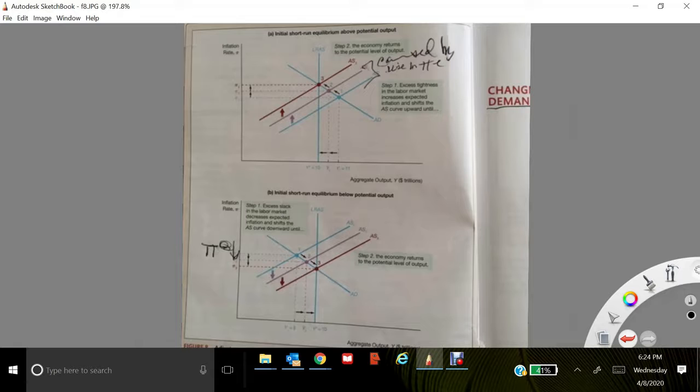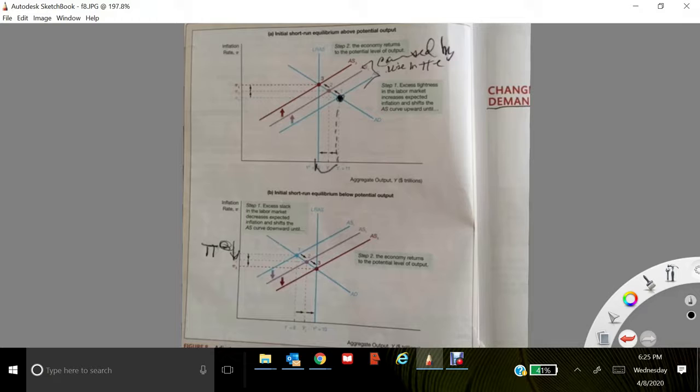So here we are on page 530, figure 8, and we're going to examine what would happen if initially we were at an equilibrium output level which is greater than the full potential output. Okay, so what would be the situation here?